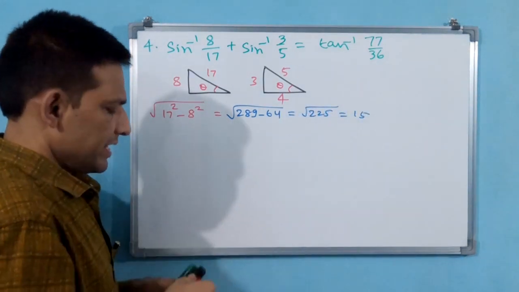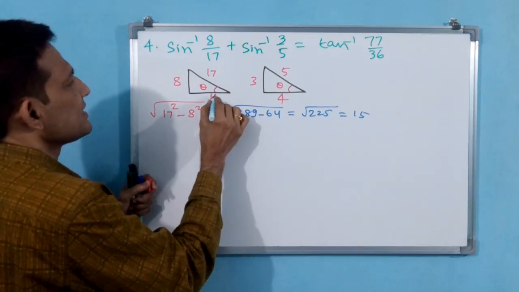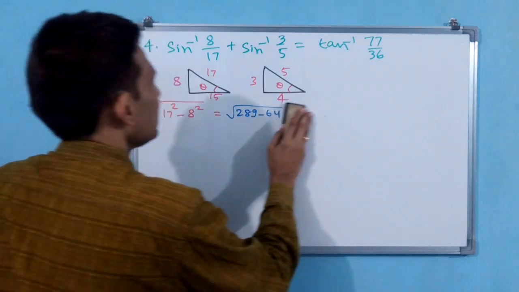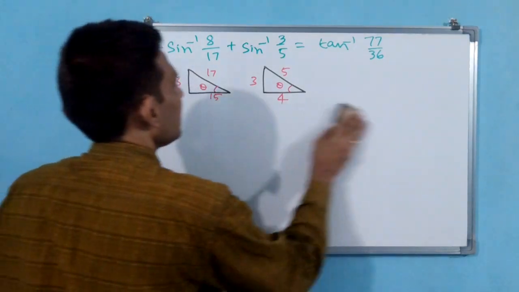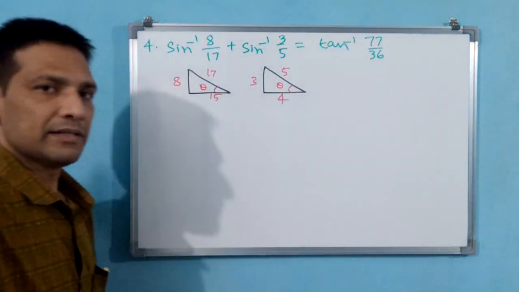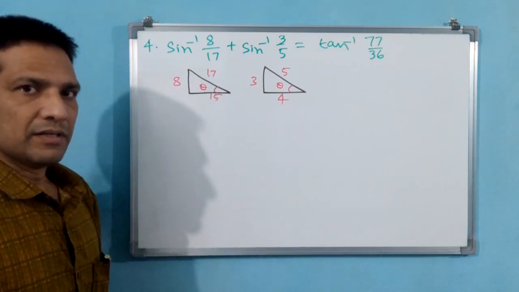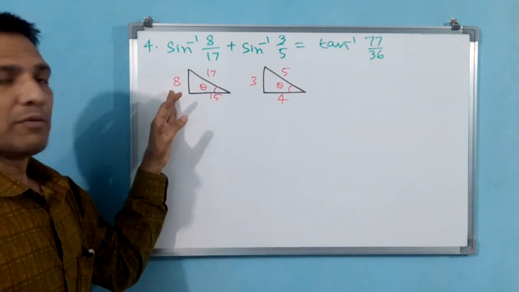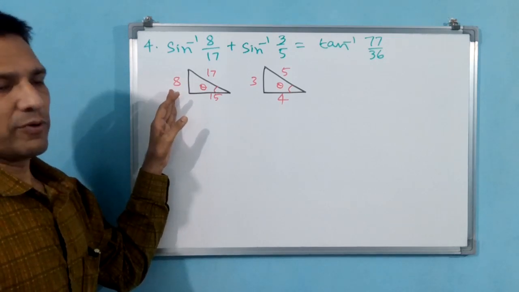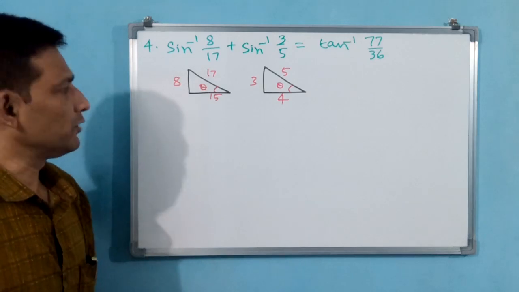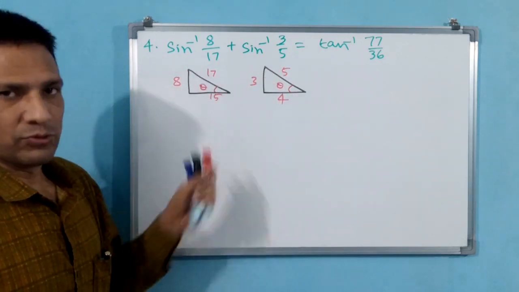Directly you write 15 and remove all this. That means 8, 15, 17 are a triplet: 225 plus 64 is 289, and root 289 is 17.